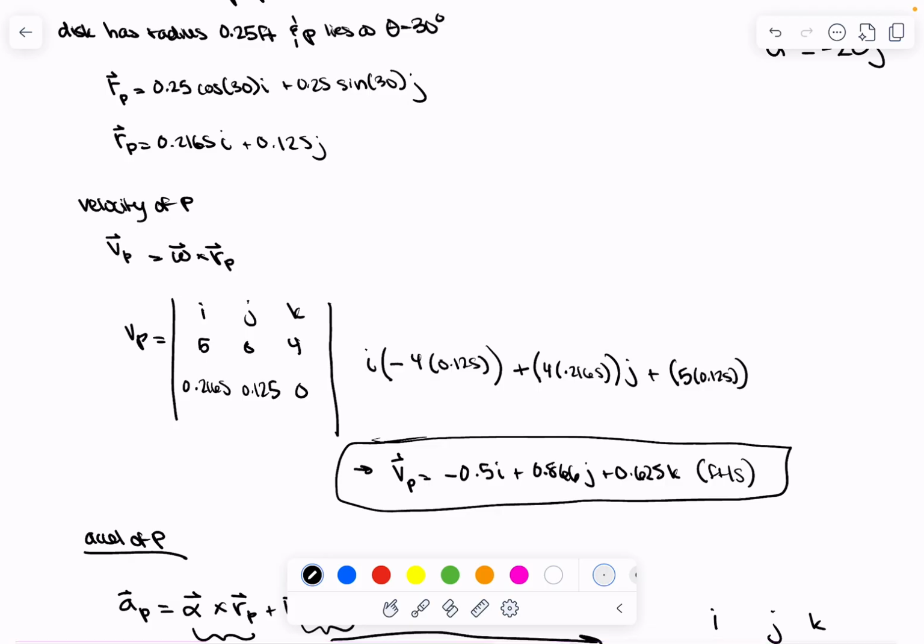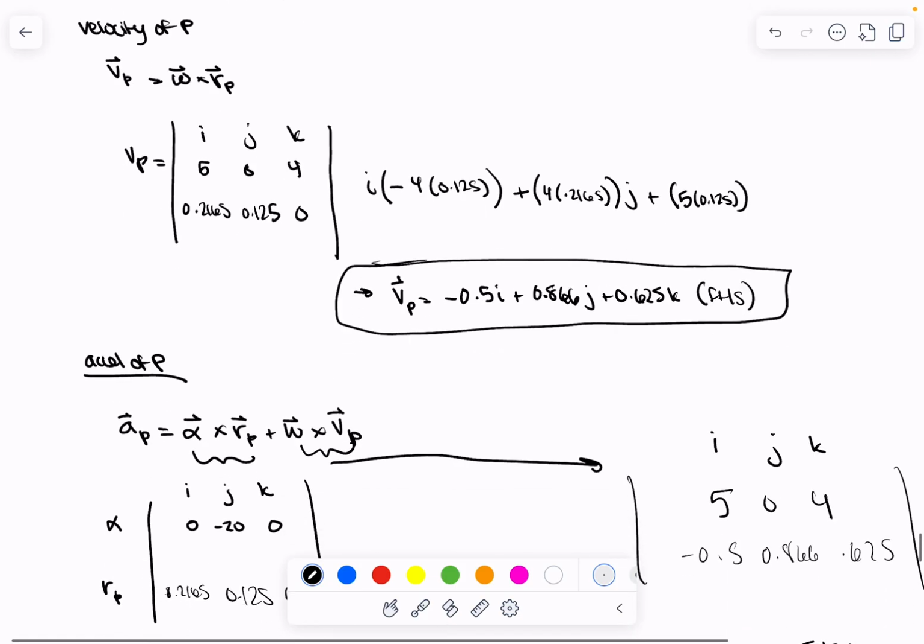The velocity of P is equal to our omega vector crossed with our r_P vector. We compute the cross product and get the velocity vector of P equal to negative 0.5I plus 0.866J plus 0.625K, all in feet per second.